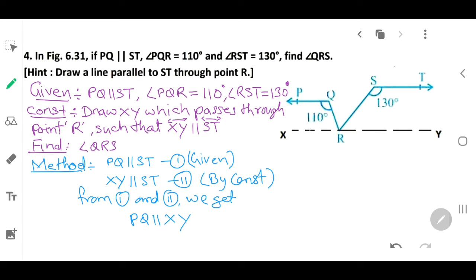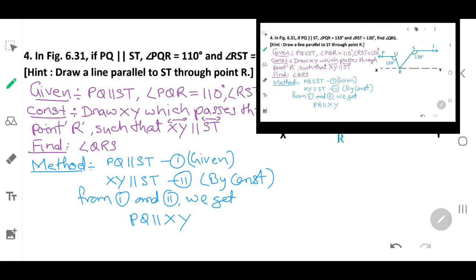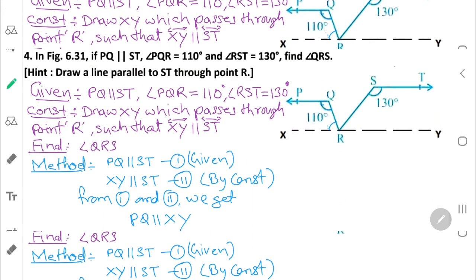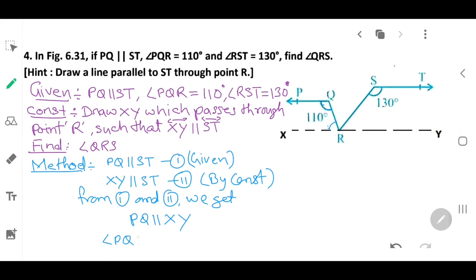So we got that PQ and XY are both parallel. Okay. Now if these two lines are parallel, then there are three conditions that will arise. So out of this we are taking the sum of these two angles is 180: angle PQR plus angle XRQ, and their sum is 180 degree.